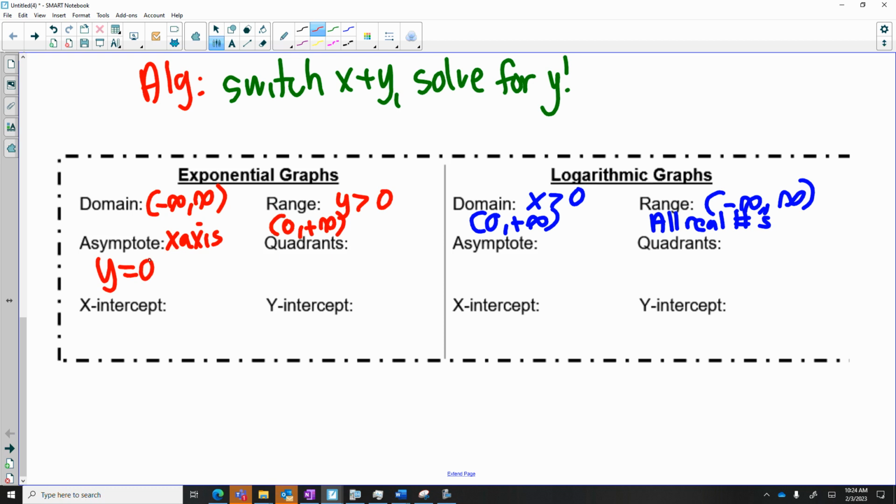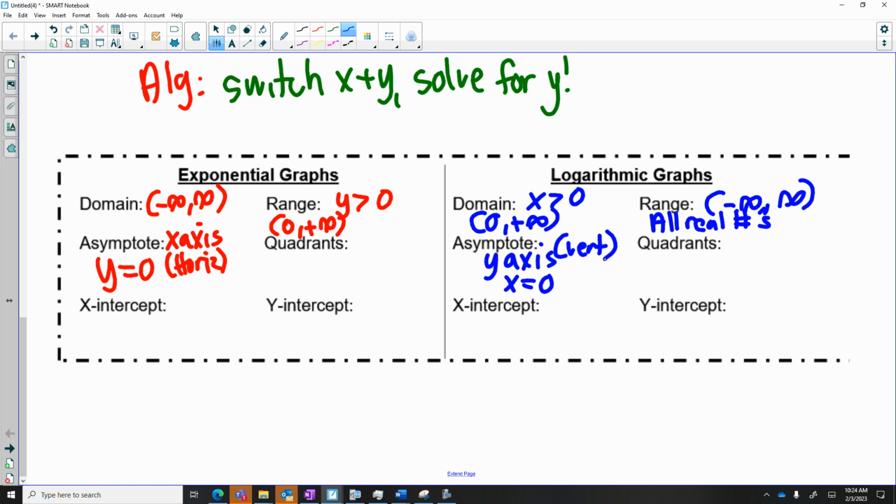That becomes the y-axis of the inverse, and that is x equals 0. So the asymptote switches from a horizontal asymptote for the exponential to a vertical asymptote for the inverse.